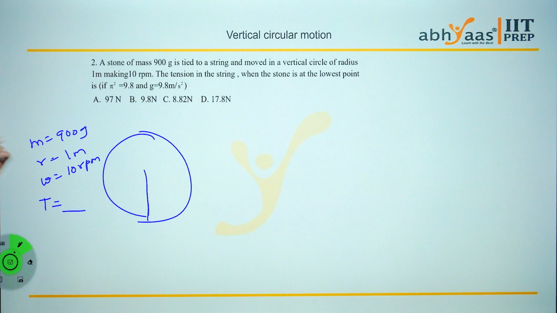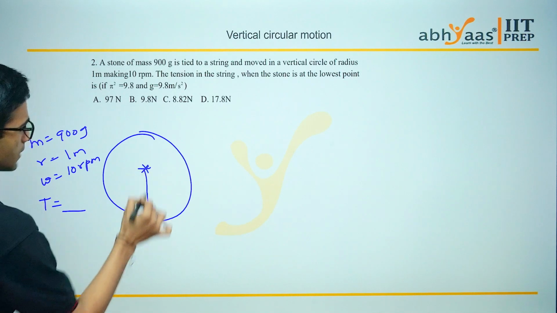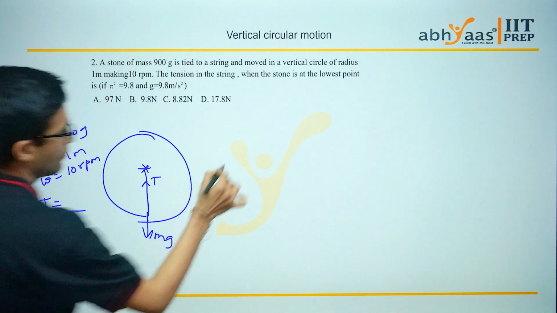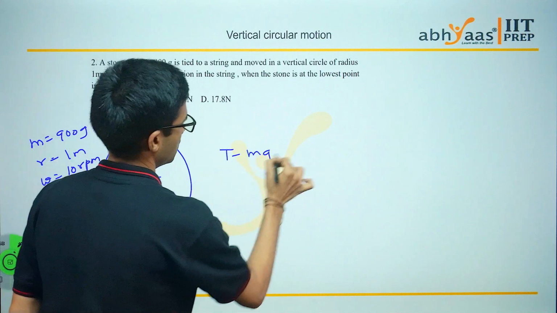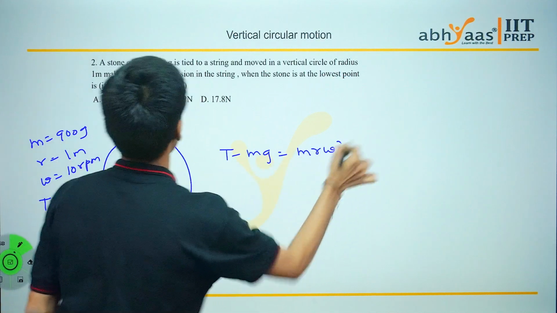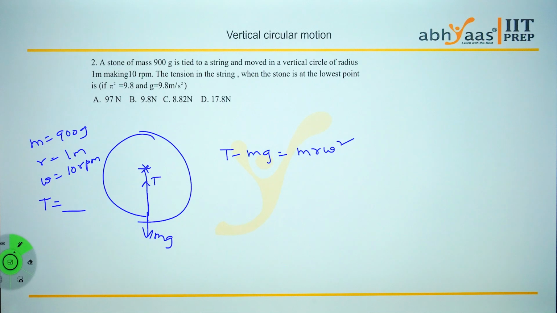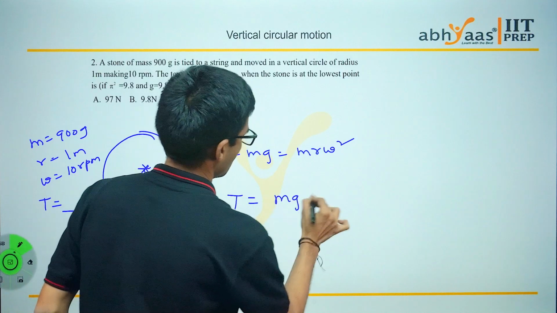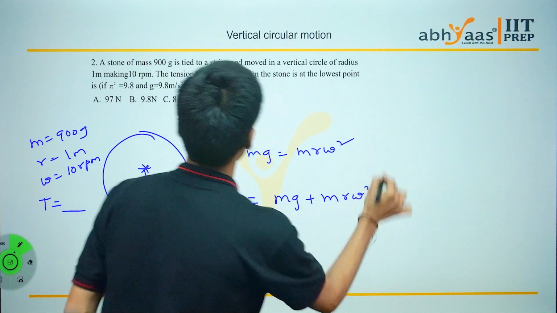Here he has only given pi square value equal to 9.8. At this point, tension is upward whereas mg is in the downward direction. T minus mg equals m r omega square. You need to calculate tension, that is mg plus m r omega square.